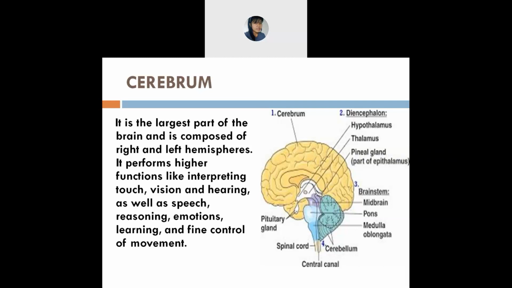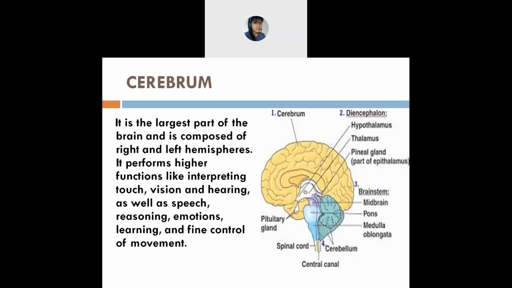And hearing: you can hear different kinds of sound or voice with the help of the cerebrum, as well as speech. Even in terms of speaking, the cerebrum helps. Next is reasoning: if you do something, you are doing it for some reason, and the cerebrum helps you in reasoning those things.